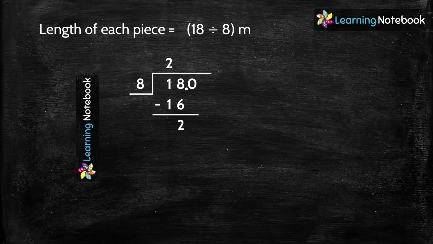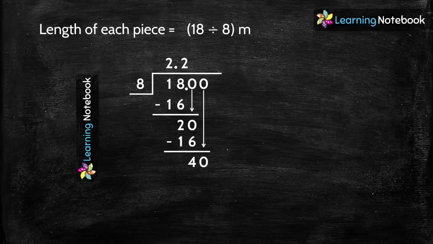Let's put the decimal point in the quotient and copy the next digit 0. Now we will divide 20 by 8. 8 into 2 equals 16 and 20 minus 16 equals 4. Now again we have got a remainder. So let's insert one more 0 and copy that 0.